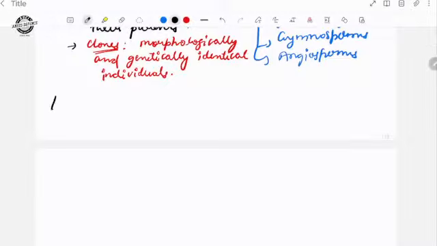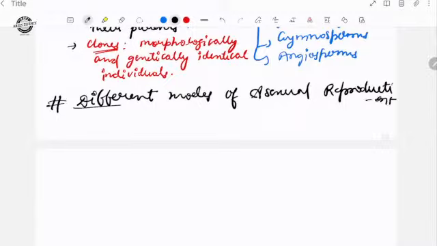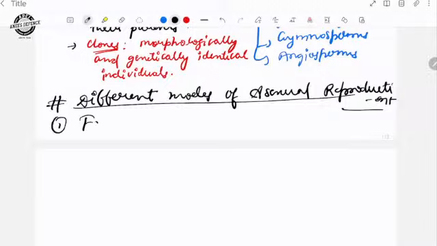Now we can proceed further to study the different modes of asexual reproduction. First we should know how many modes.